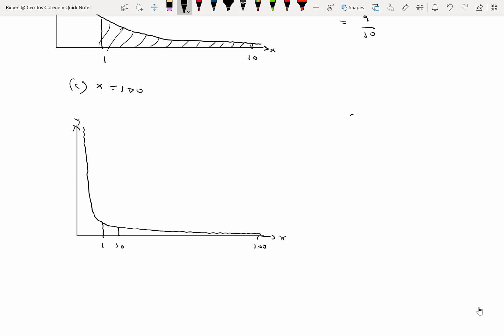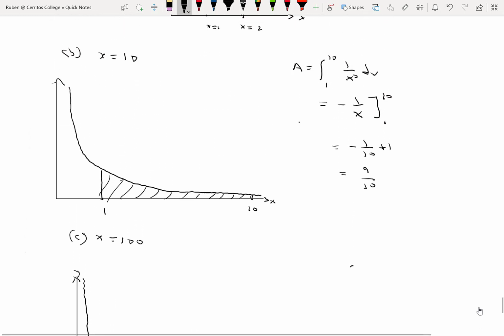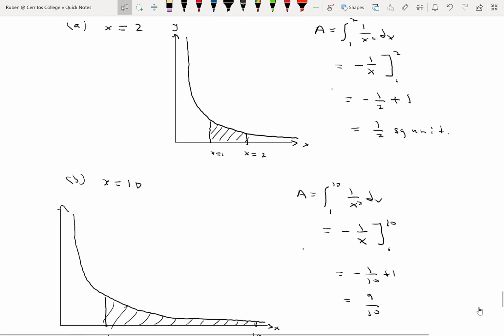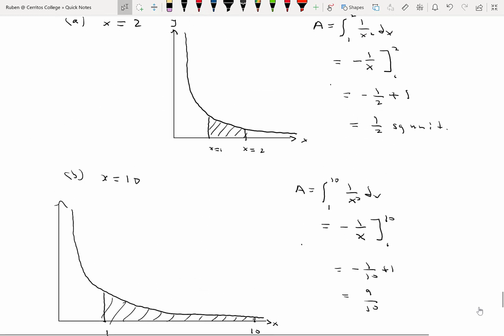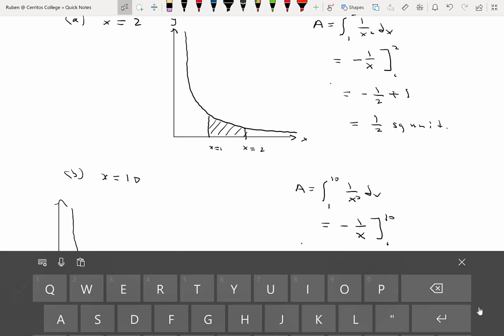Okay, so in the previous example, we found this area. This area was 9/10. So what do we expect the area to be now? In fact, we can probably guess what's going on here. If I integrated between 1 and 2, the area was a half a square unit.